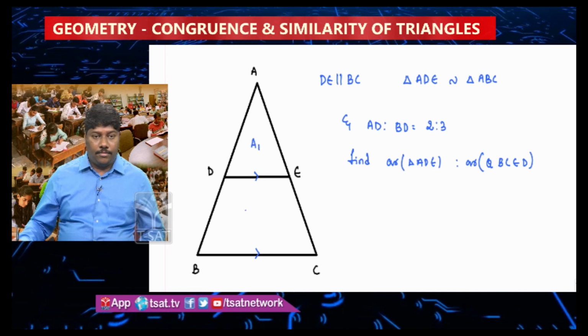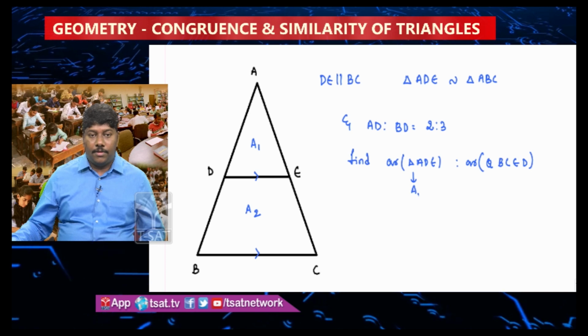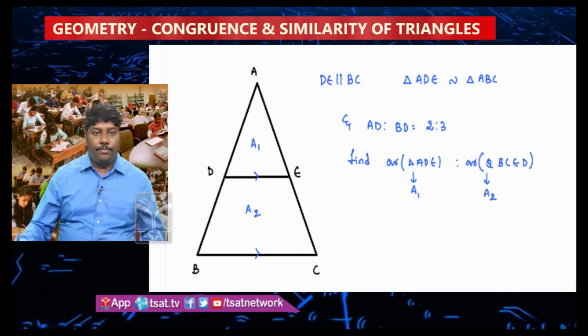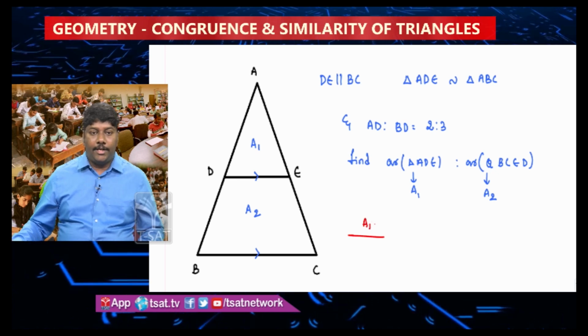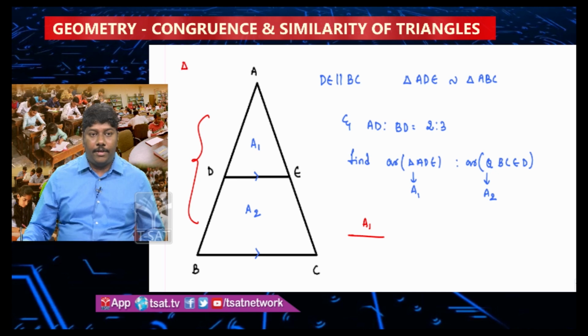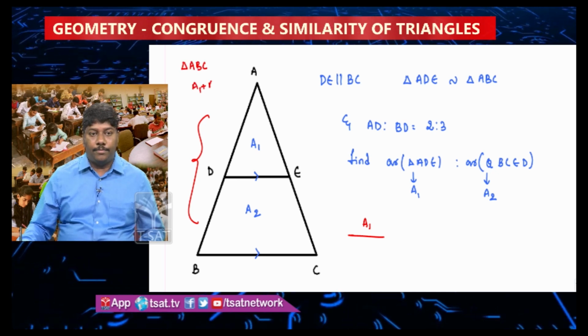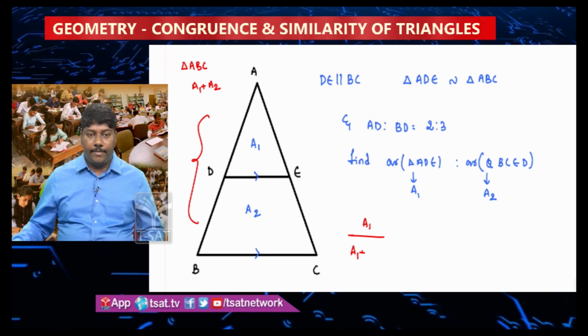Now see, area 1, area 2. Assume that this is area 1, this is area 2. Now as we know, area 1 is a smaller triangle, area 2 is a quadrilateral. So what is the bigger triangle area? The whole triangle ABC becomes area 1 plus area 2. So small triangle is area 1, bigger triangle is area 1 plus area 2.